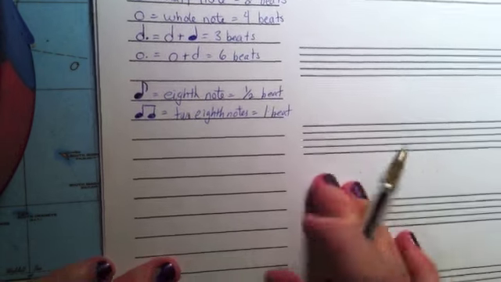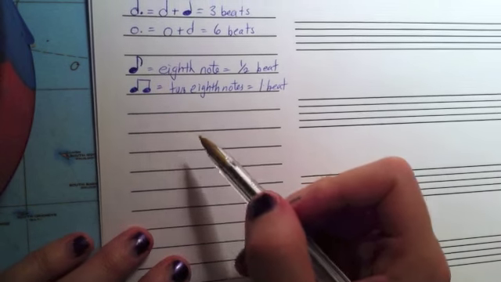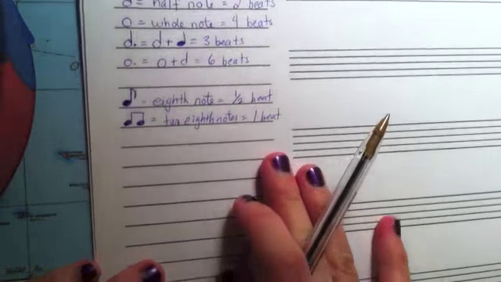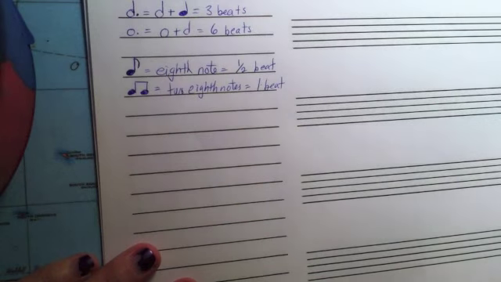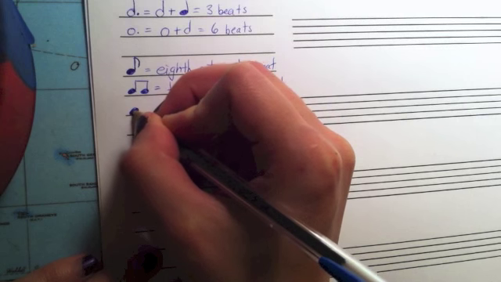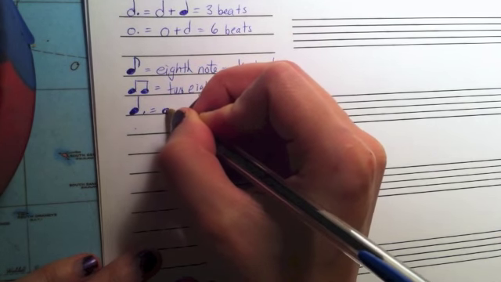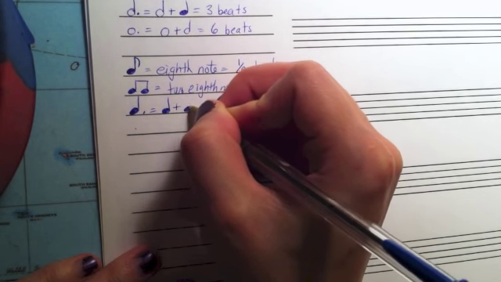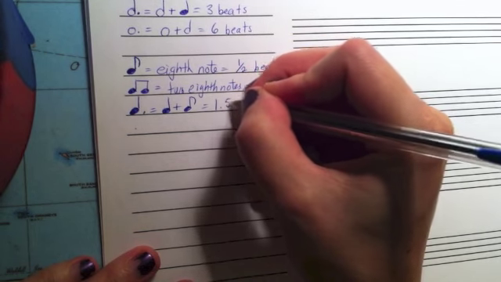Continuing on, 2 8th notes equal 1 quarter note. And if we use the dotted theory again, a dotted quarter note means a quarter note plus half of its value, which is an 8th note. So it's really like 1.5 beats.